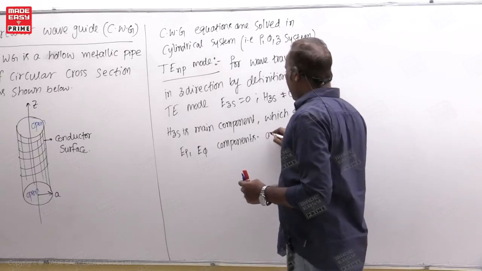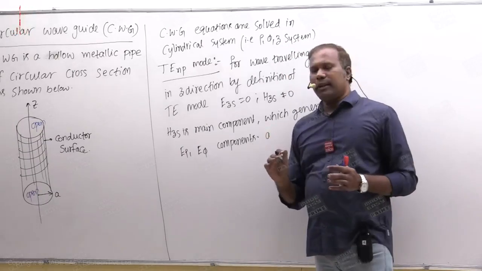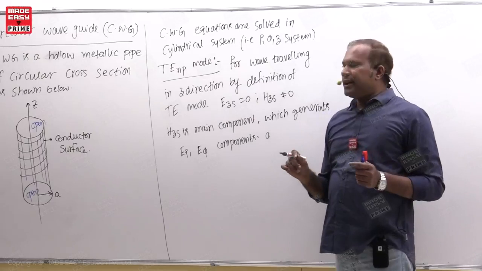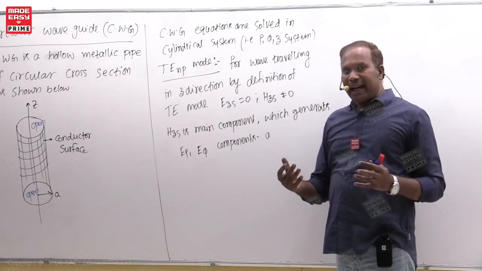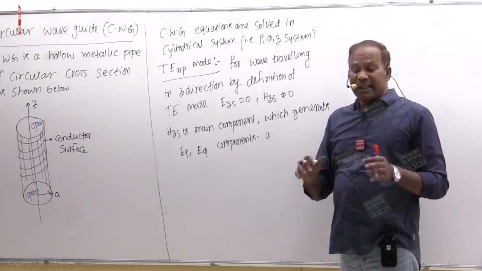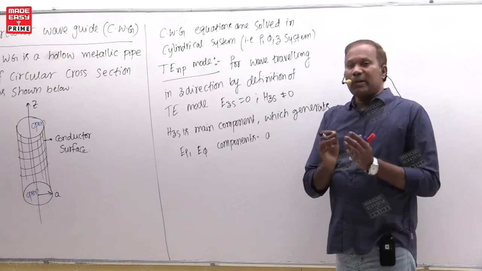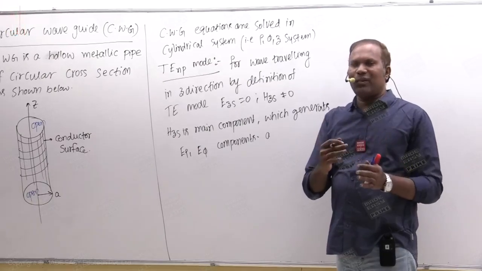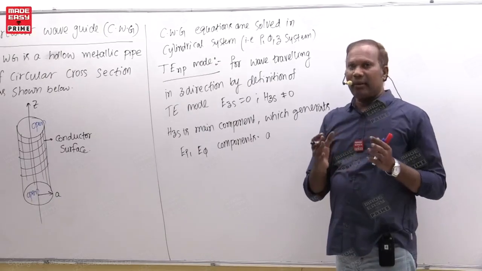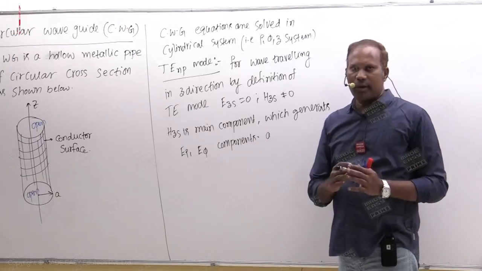Now students, actually I want to tell you one thing. Rectangular waveguide, circular waveguide, physically the mechanism is the same, but the shape is changed. Because of the shape change, rectangular waveguide is solved in the rectangular coordinate system, XYZ.